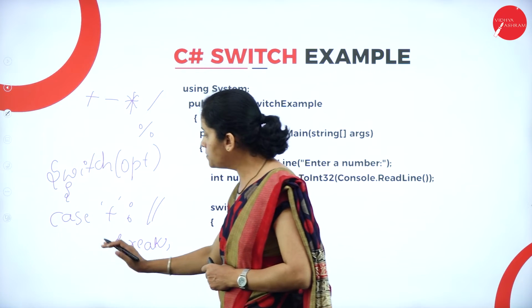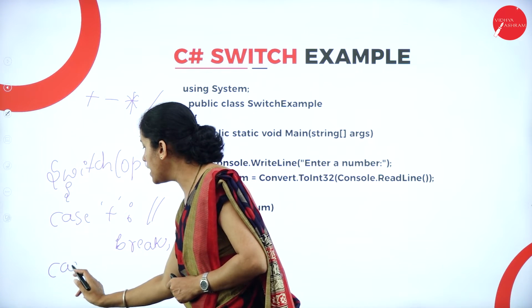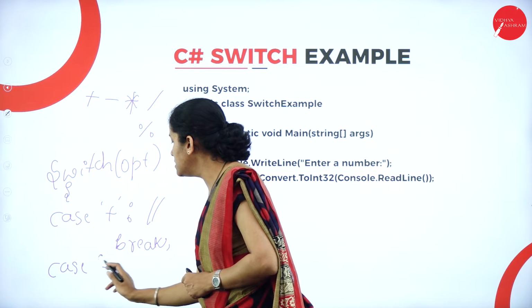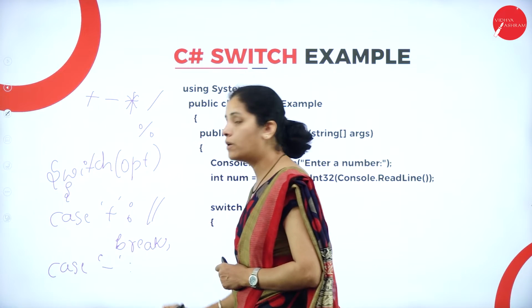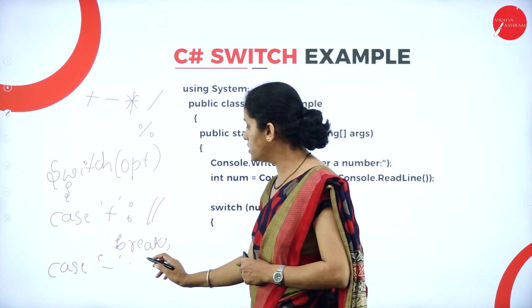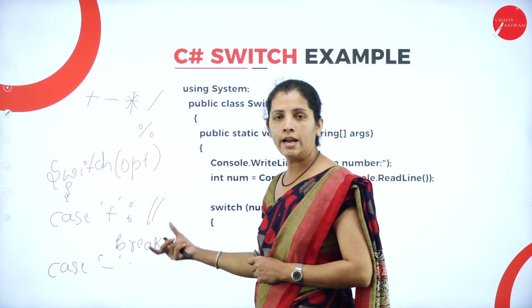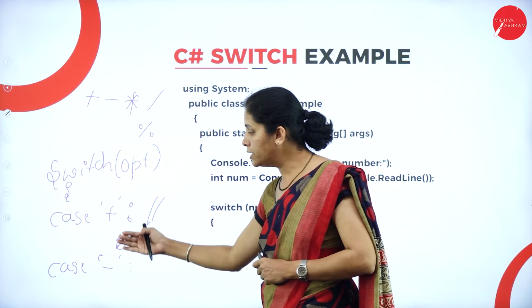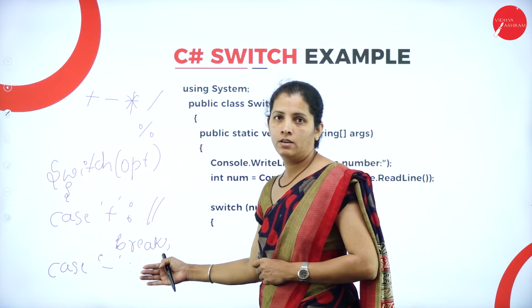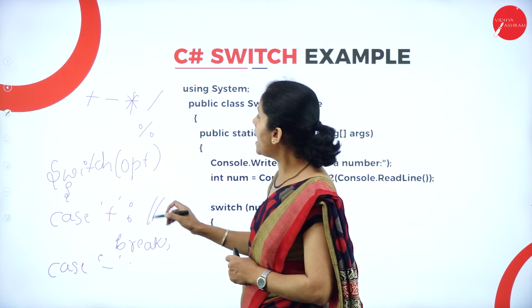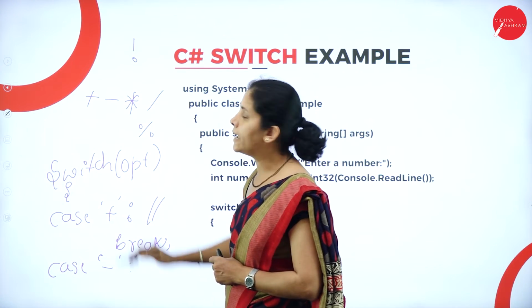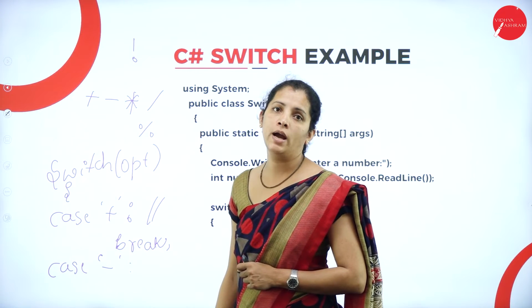Now, the next possibility, case minus. Now write the statement for the subtraction and break. And it's going to continue like that. Suppose I press an exclamation symbol, what's going to happen?